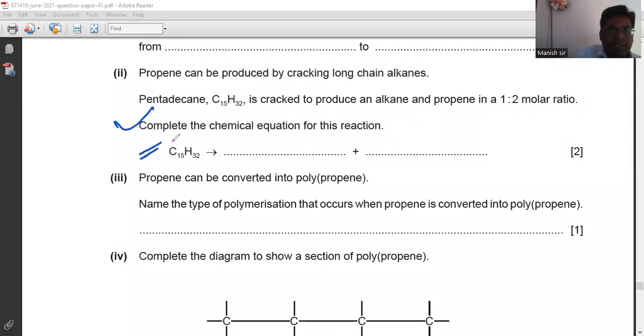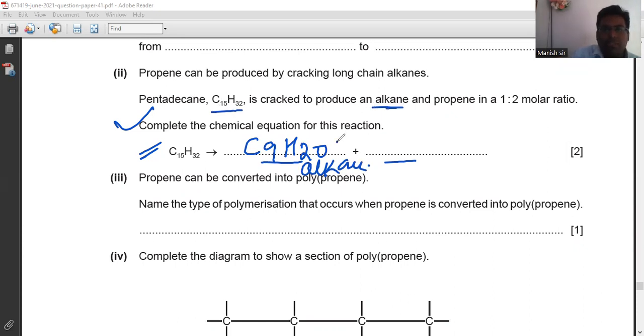So for this cracking, C15H32 compounds into lower, right? So one will be like C9H20. This will be alkane, right? So it is given. Pentadecane is cracked to produce alkane and propene 1:2.